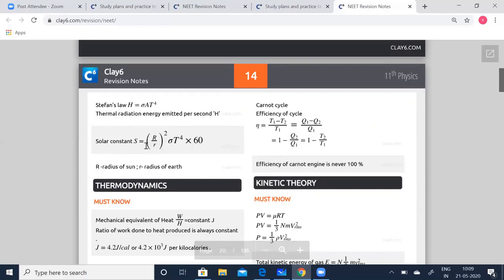Solar constant S is equal to (R by r) whole squared, sigma T to the power of 4, where capital R stands for the radius of the sun and small r stands for the radius of the earth.